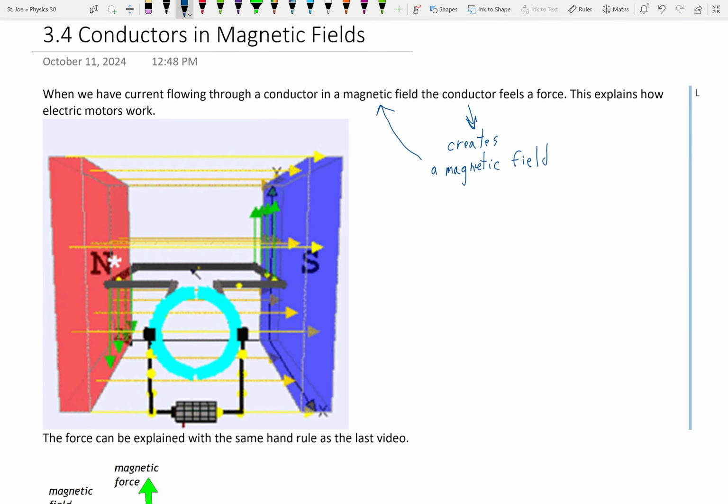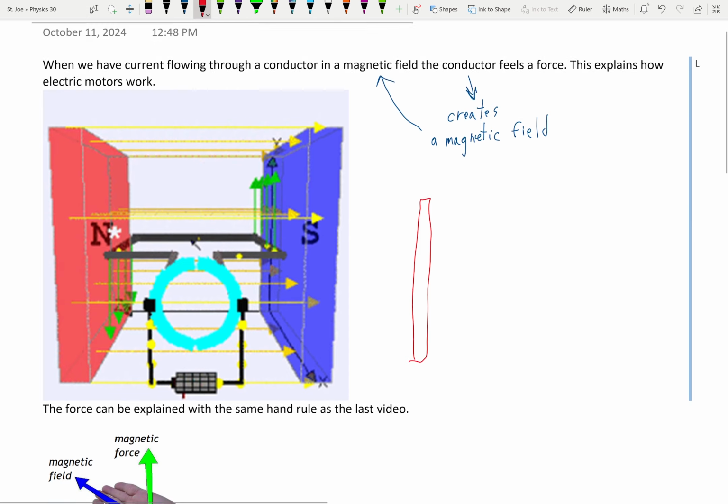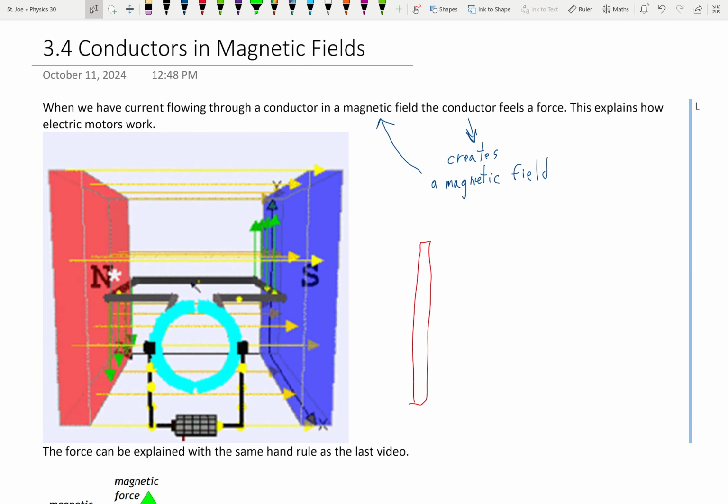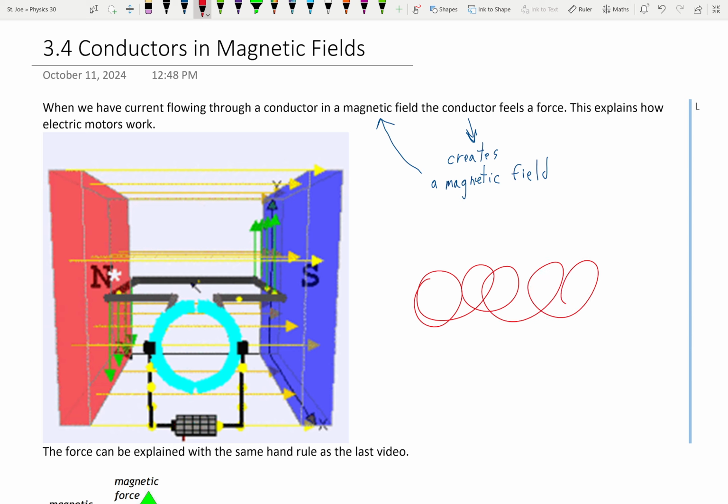When you flow a current through a conductor, you can use your hand rule. If you have a straight wire, you could use your first hand rule to talk about the magnetic forces around it. Or if you had a coil of wire, you could use your second hand rule to take a look at it.